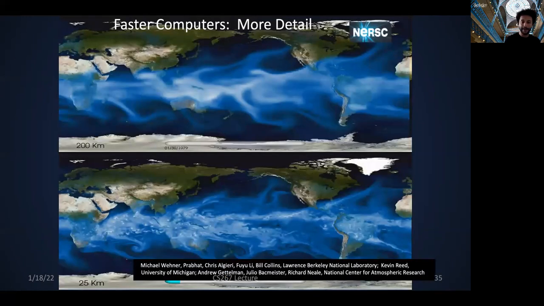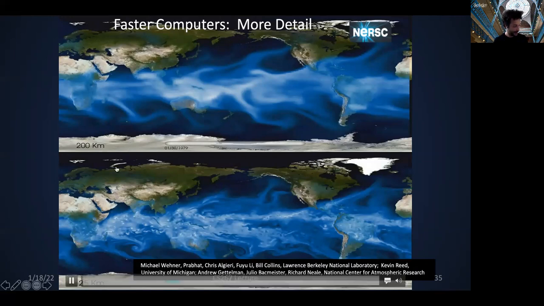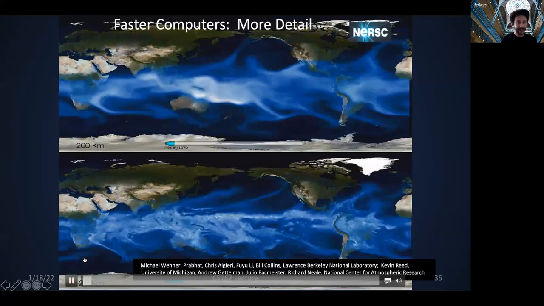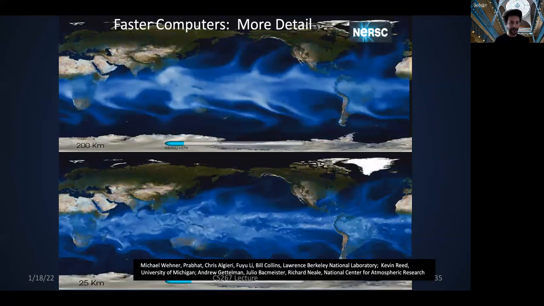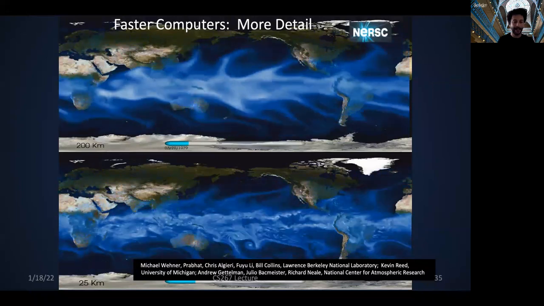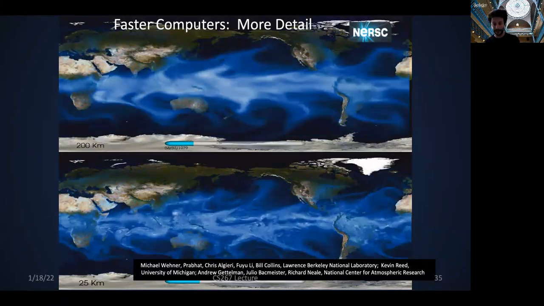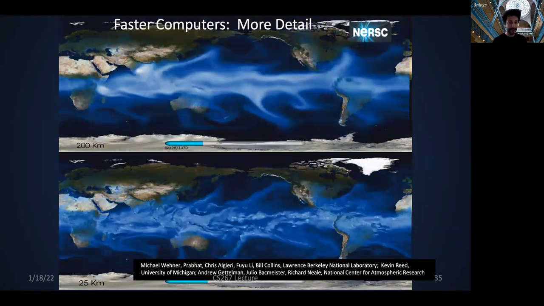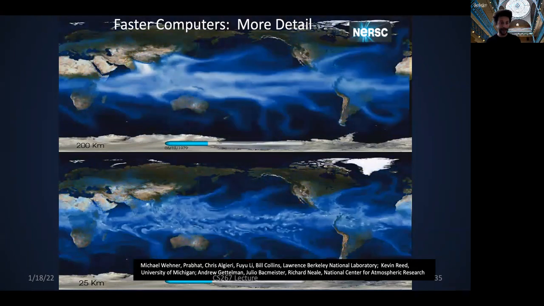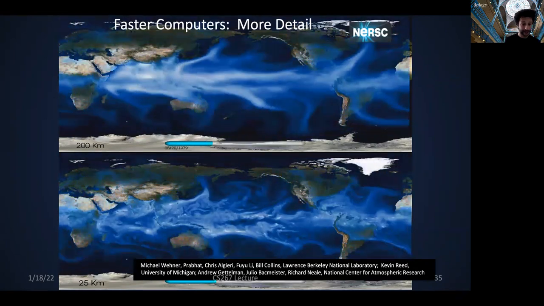And so why do we need faster computers? Let's play this again. You see two different pictures here, a simulation of the same phenomena on different generations of supercomputers. That's why the resolution is different. On the top, you see the resolution of 200 kilometers.